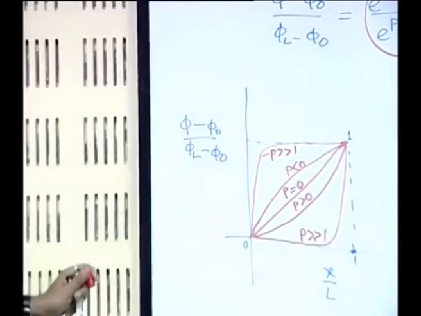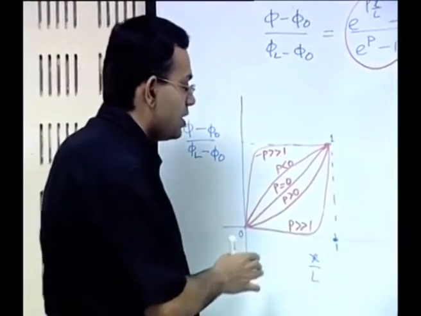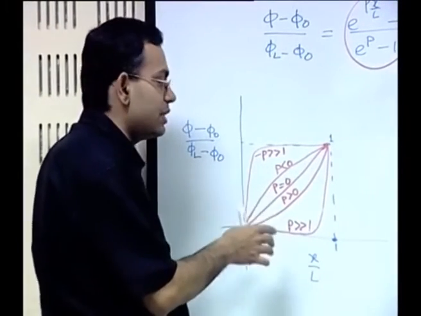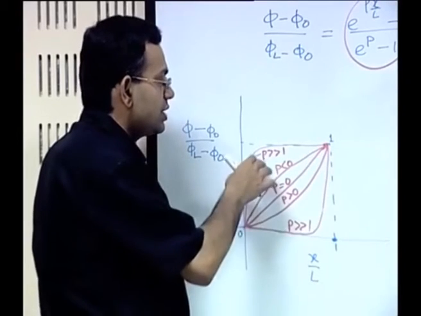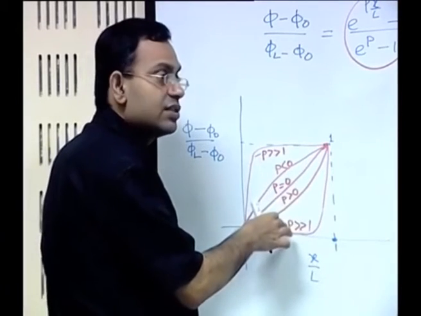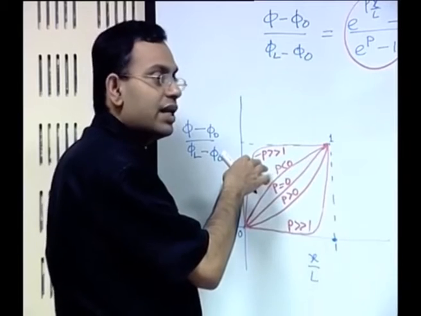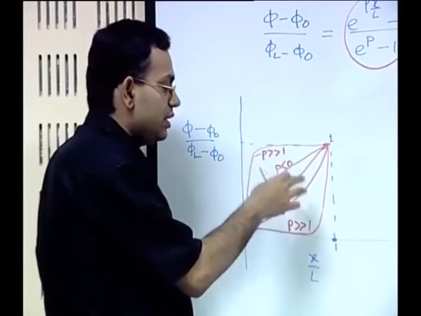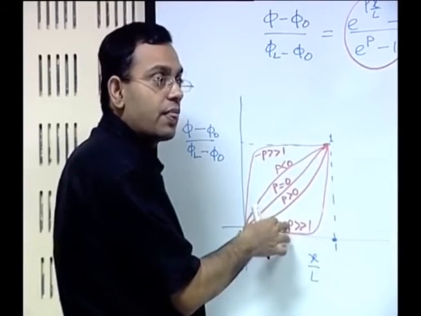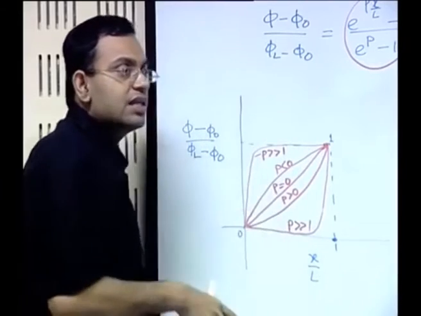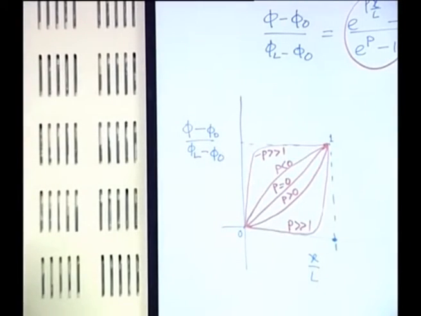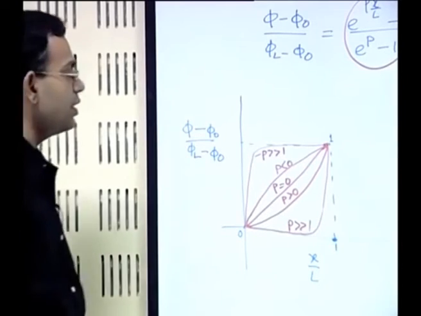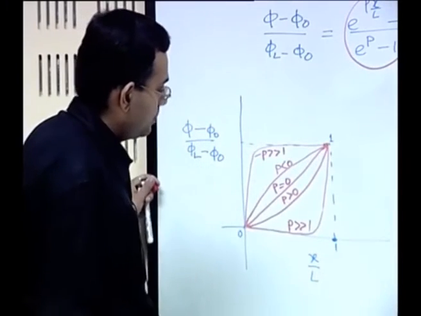So, what is important for us to appreciate is what happens for mod of Peclet number much greater than 1, which is true for this one as well as this one. This is tending to minus infinity and this is tending to plus infinity, but both are large in magnitude. So, when both are large in magnitude, you see what happens.